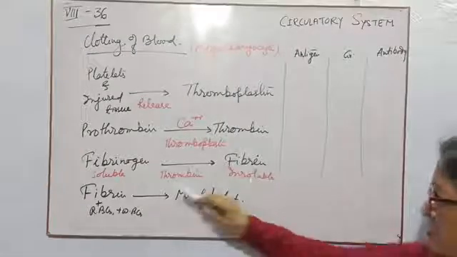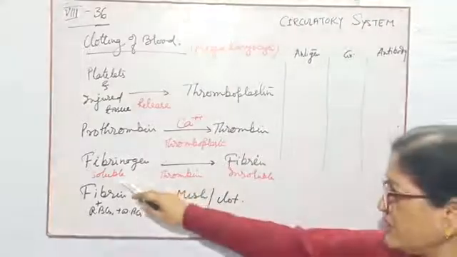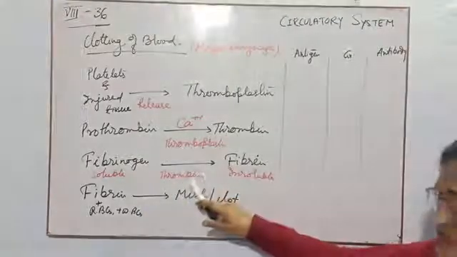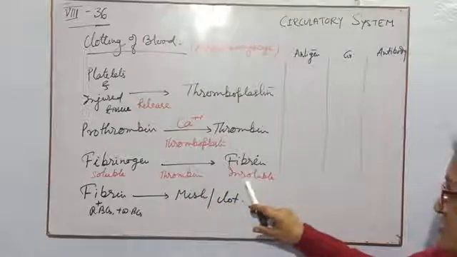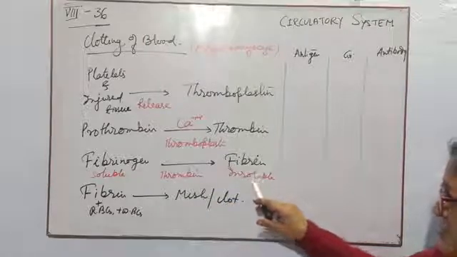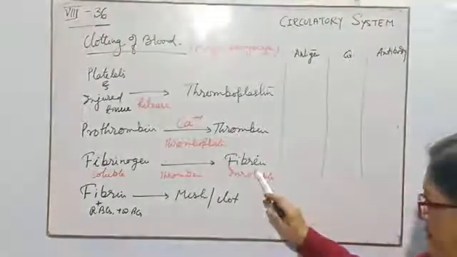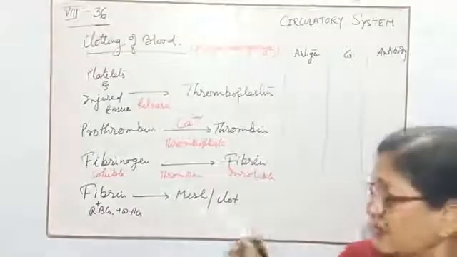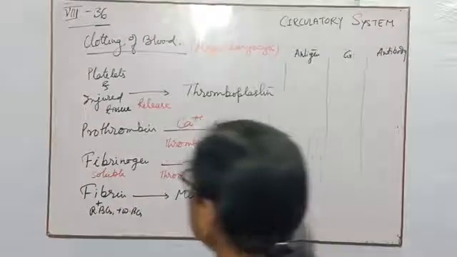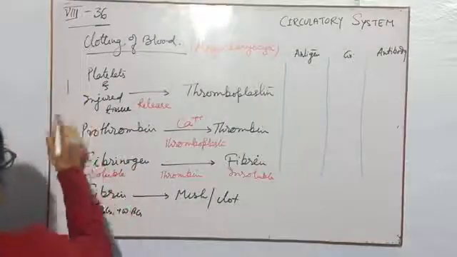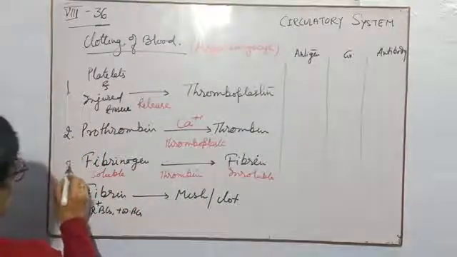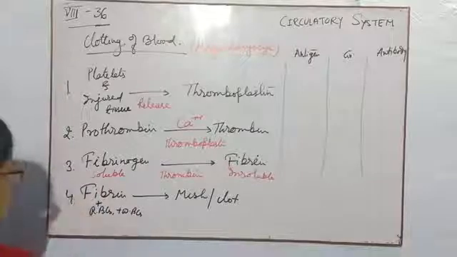So here also, fibrinogen, the soluble protein, in the presence of thrombin changes into fibrin, the insoluble protein. This is the first step, this is the second step, this is the third step, and this is the fourth step.